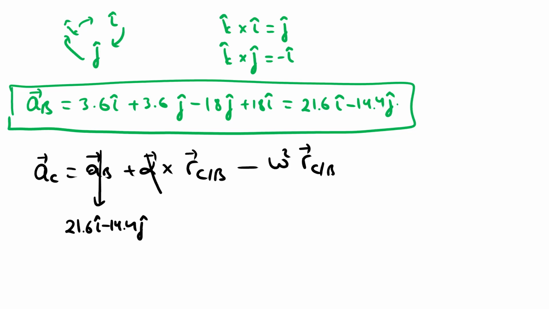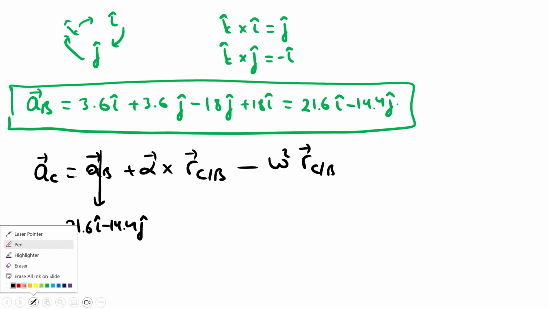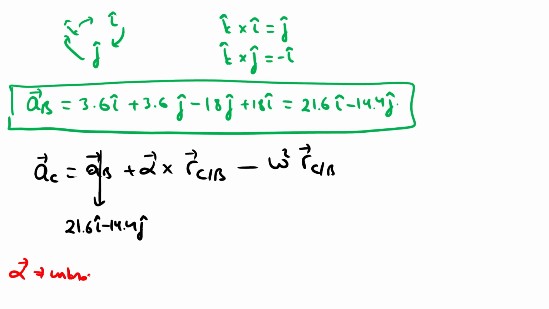The alpha term is unknown, but this alpha is for link BC.